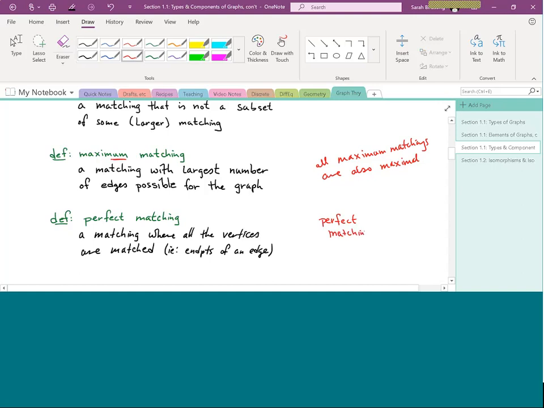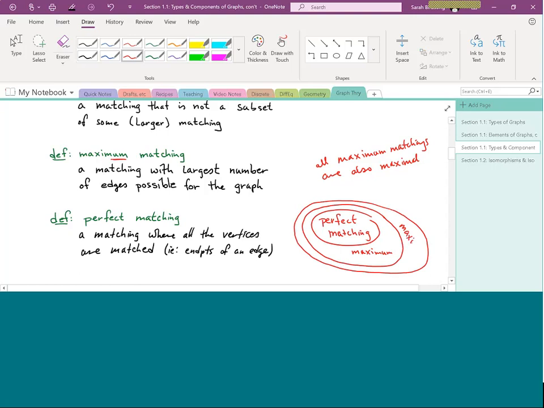Perfect matching. I'm going to leave off the word matching for the rest of them. All perfect matchings are also maximum matchings, and all maximum matchings are also maximal. It's not meant to be written sideways. It just happened because of the circle that I drew first. Don't draw your circles first.